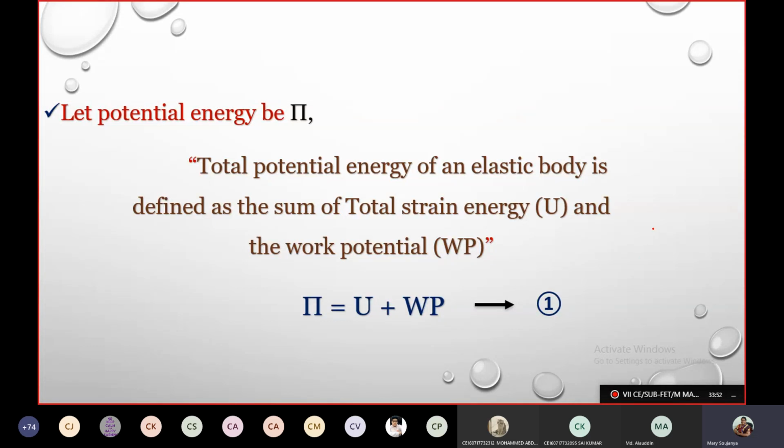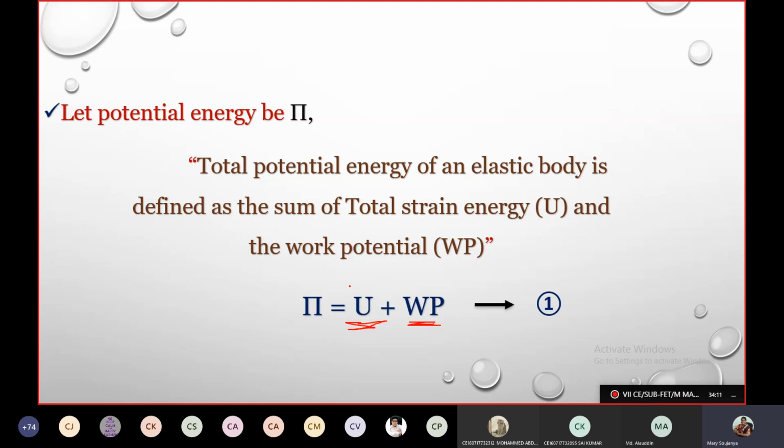Alright. Now, because it is new for you, because you're telling me it is new, which is not supposed to be the right answer, by the way. The potential energy has two components here. One is strain energy and the other one is work potential.